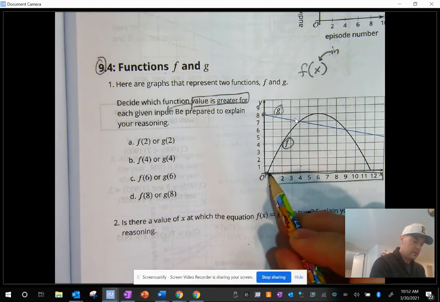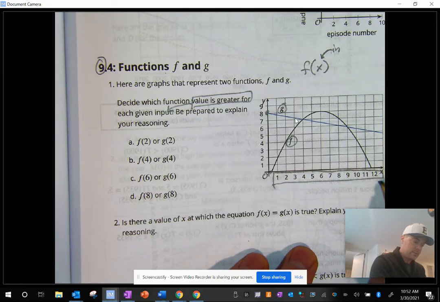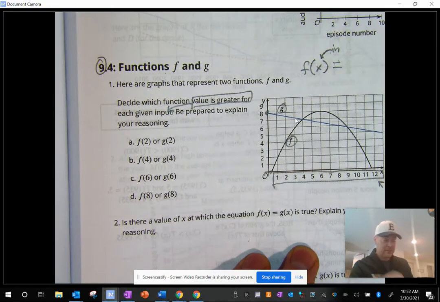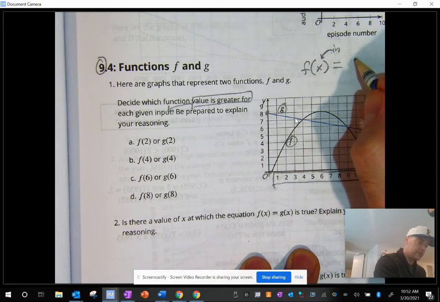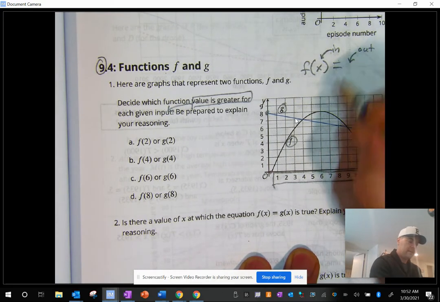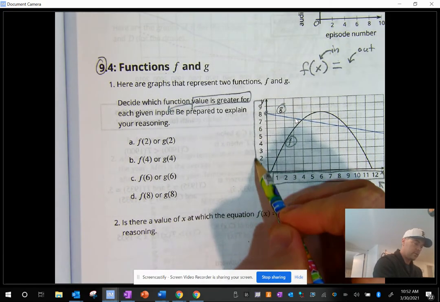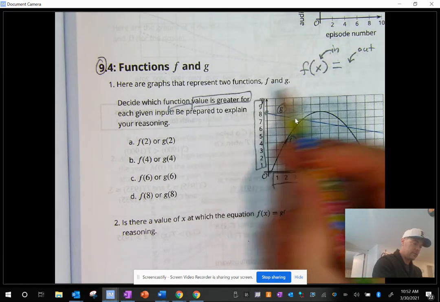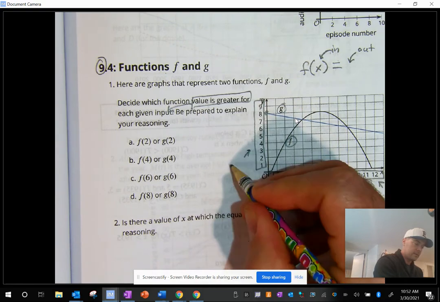So we're talking about these variables when we're talking about input. And the output, what it equals, is over here. The output is almost always these numbers over here, so these are my outputs.